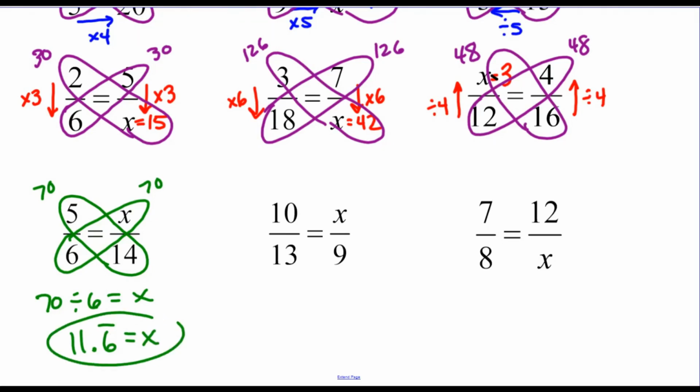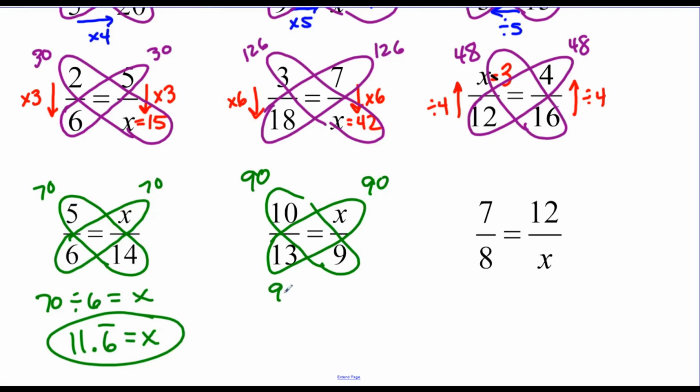So there we've solved it. X is 11.6 repeating. So here we get kind of a complex fraction. We're going to get a fraction within a fraction with these, and that's okay because we have learned about complex fractions before. The next proportion, I know that this cross product is 90. So I know that this cross product also has to be 90. 13 times x has to be 90.